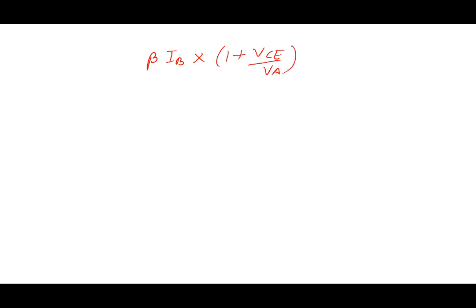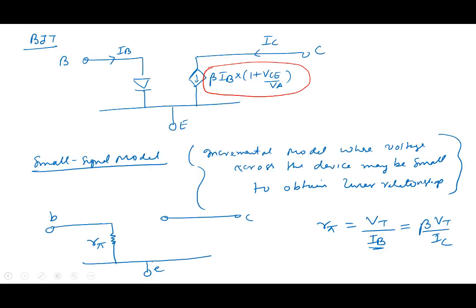This is nothing but IC. Remember, this is IC. And we have to build an incremental model for all the elements, right? We have to build an incremental model of this.